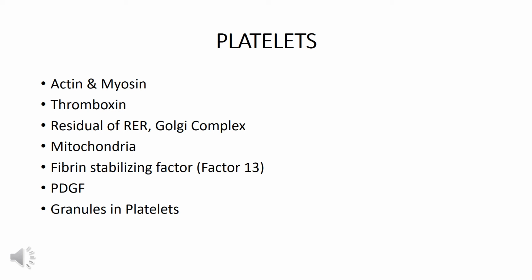A cell contains cytoplasm, so pieces of megakaryocytes, which are the platelets, can get some organelles or parts of organelles from megakaryocytes. Actin and myosin filaments are also present in the platelet, involved in the contraction and relaxation of the platelets.